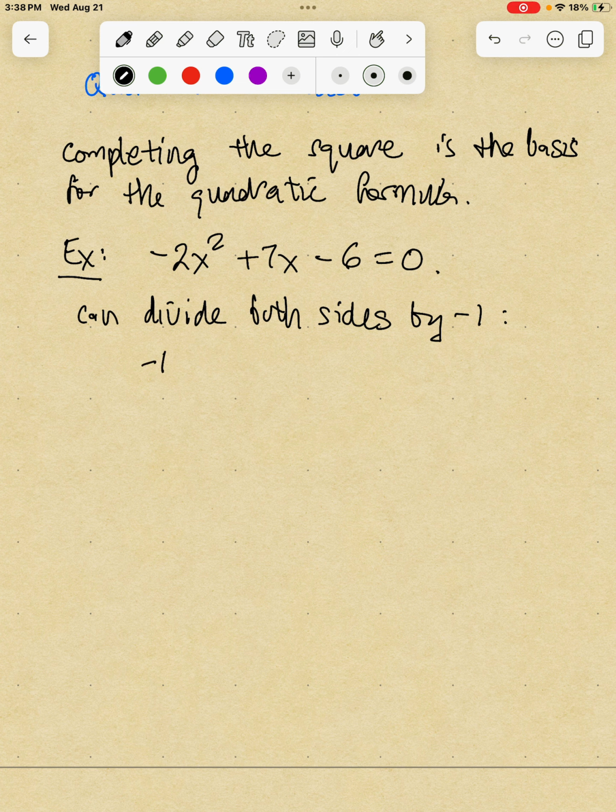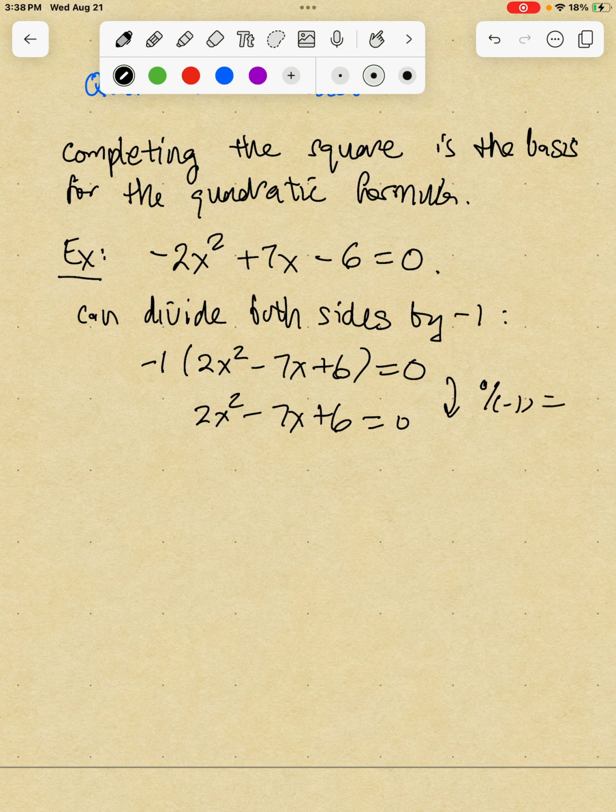So if I factor out a negative 1, I'm going to get 2x squared minus 7x plus 6 equals 0. And then I divide both sides by negative 1, and that will give me 2x squared minus 7x plus 6 equals 0, right? Because 0 divided by negative 1 is 0.